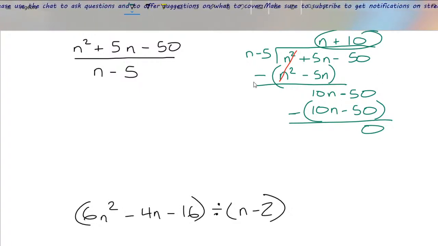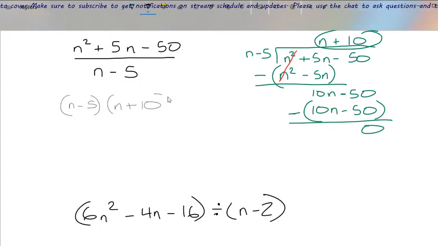And remember, if you wanted to check that, you would take your answer and multiply it by your divisor. So n minus 5 times n plus 10, just to see if we get the same answer. So let's do that real quick over here to the left. So n minus 5, that was our divisor, times n plus 10, that was the answer we got. If we're going to do FOIL, remember: first, outer or outside, inside or inner, last.